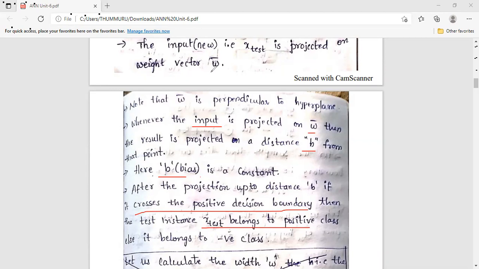By taking the input x test value as well as the weight of that x test value, and by using a bias here, we can get some kind of value, right? If that value crosses the positive decision boundary, then the test instance x test, which means the new input x test, belongs to the positive class, otherwise it belongs to the negative class.